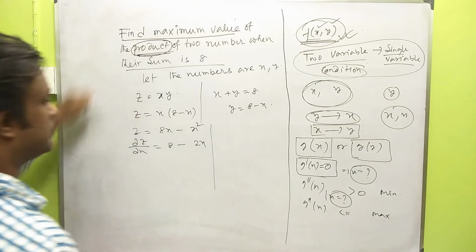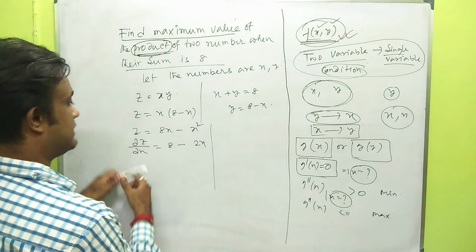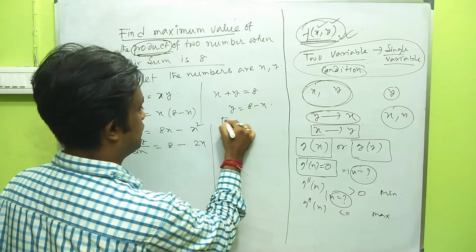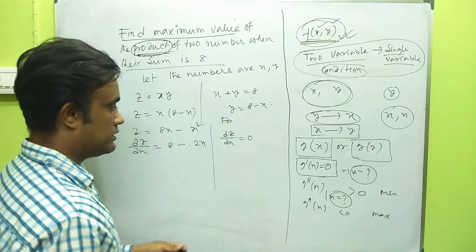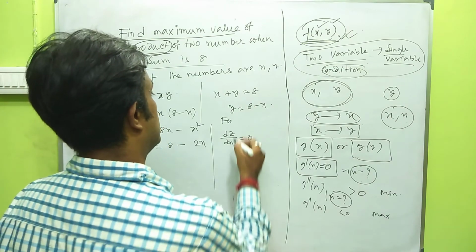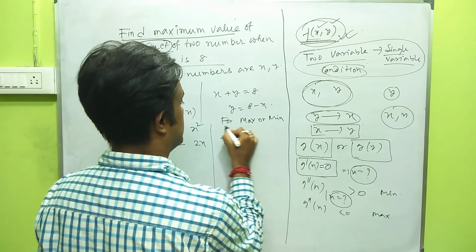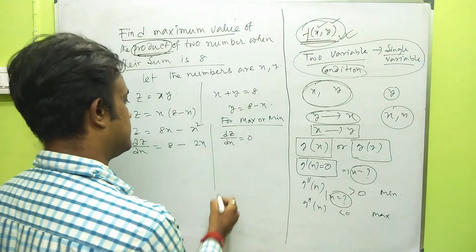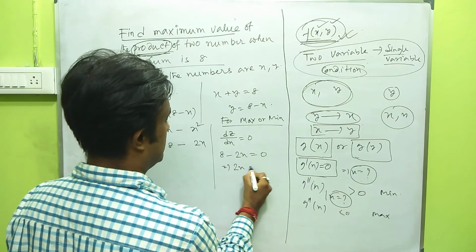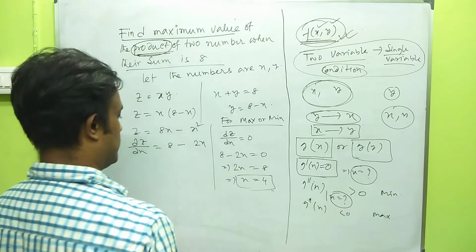So for max or min, this step g dash x is equal to 0, that is dz by dx is equal to 0 for extremum value. Till now we do not know whether the function has a maximum or minimum value. So dz by dx is equal to 0 implies that 8 minus 2x is equal to 0, which gives 2x is equal to 8, and this will be x is equal to 4.